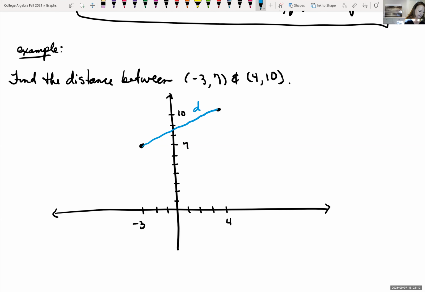So if we look at this, it's the change in the y value, quantity squared, plus the change in the x value, quantity squared, the square root of that. It doesn't matter which one comes first.